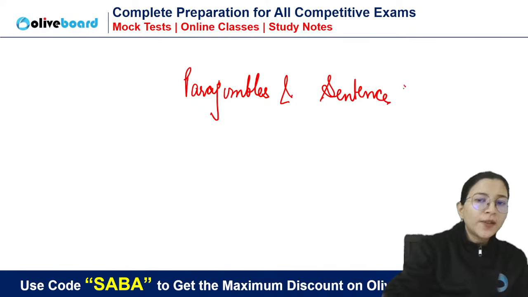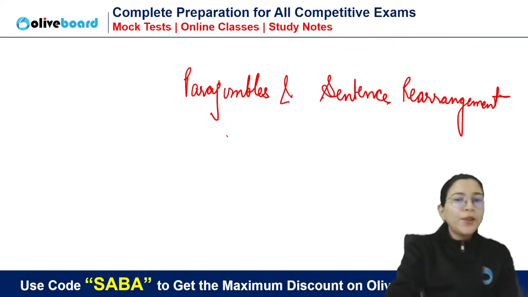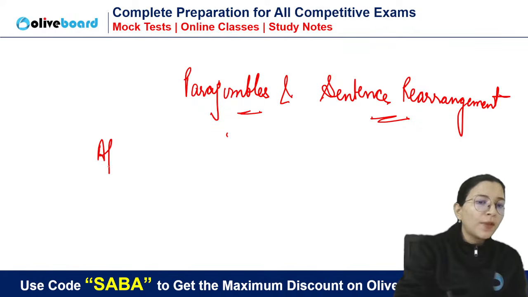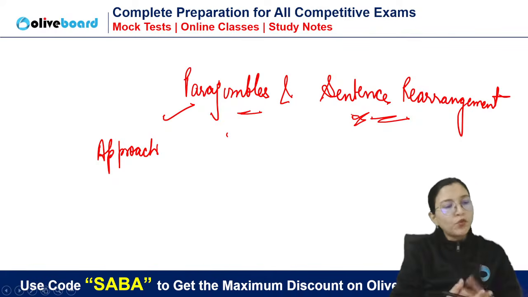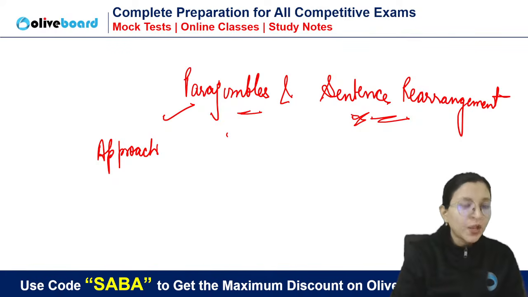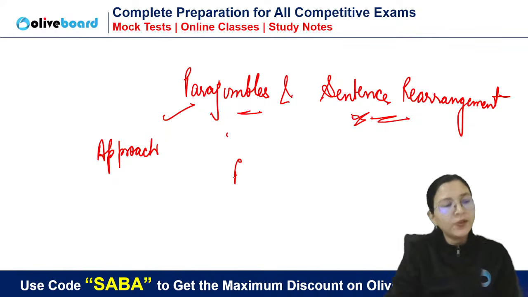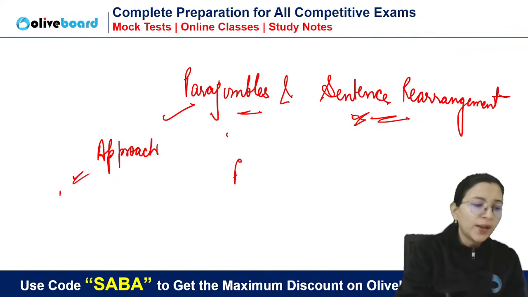The way of asking the question and the marking pattern are different, but the approach is the same. Whether we talk about parajumble or sentence arrangement, the approach to solve them is the same. The rules we have to follow are the same, whatever form the question comes in. Sometimes one or two sentences are fixed and the remaining we have to arrange. But for any sort of parajumble or sentence rearrangement question, you have to follow the same approach that I am going to tell you.